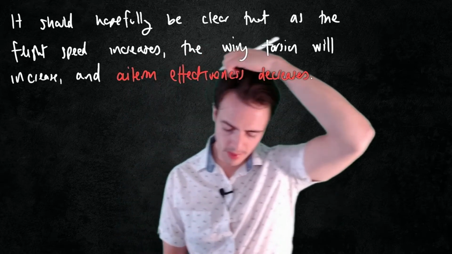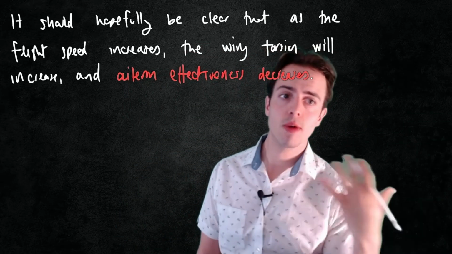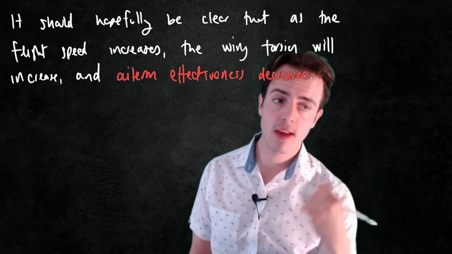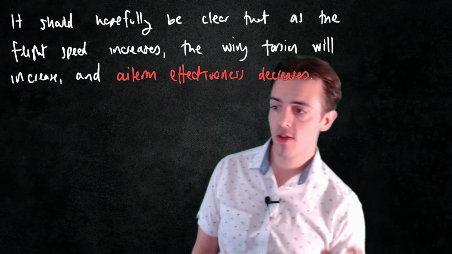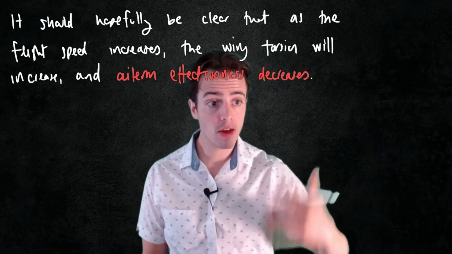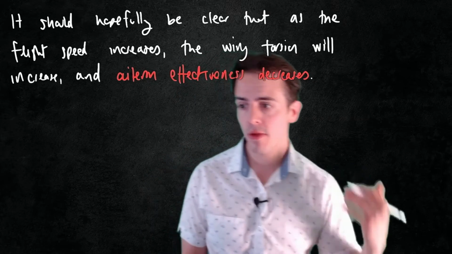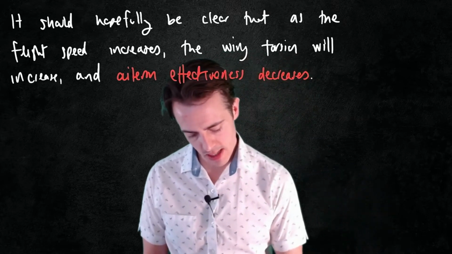Okay, so it should hopefully be clear that as the flight speed increases, the wing torsion is going to increase and the aileron effectiveness decreases. And this is going to happen up to a certain speed, which we call the critical aileron reversal speed.